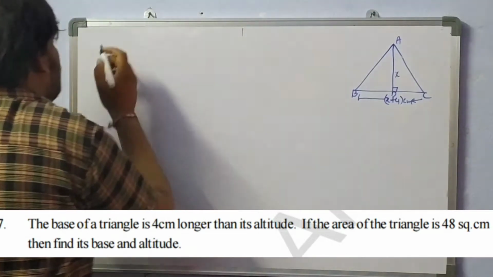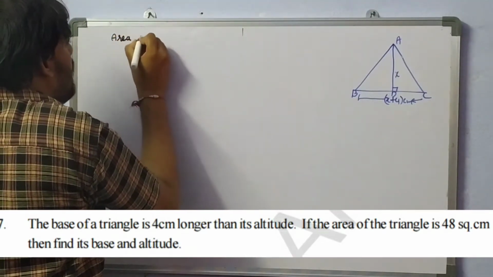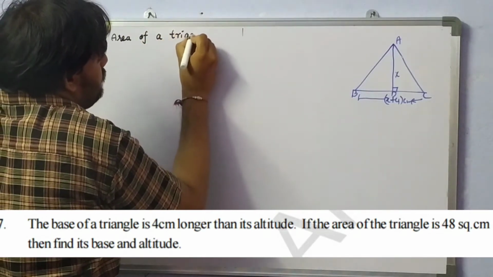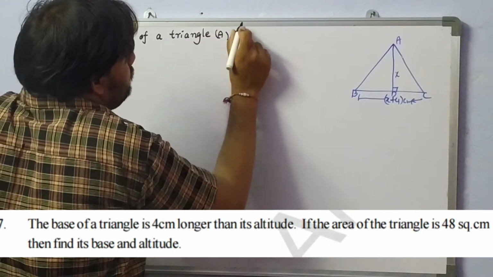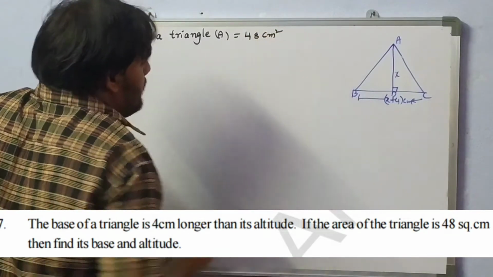See, first we will write the given data, that is, the area of a triangle A is equal to 48 centimeters square.